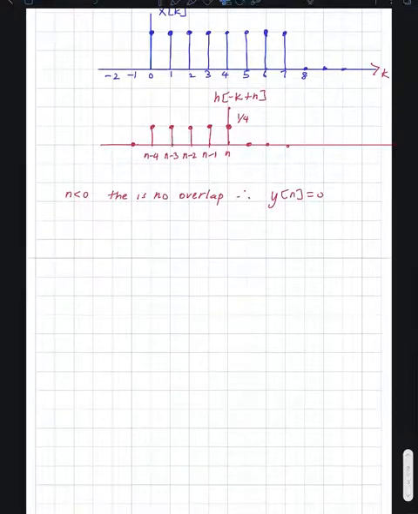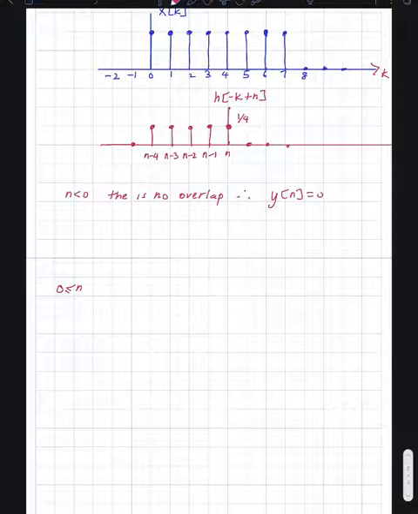So this is when n is greater than or equal to 0 but less than 4, correct?